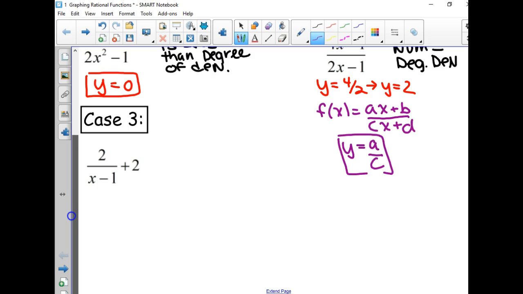The numerator is not a polynomial, okay? It's actually a constant, and that's okay. It's okay to have a constant in the numerator. That's a good observation. And I put that there for a reason, so you knew that was okay. And also, exactly what Gunnar said, there's that addition of 2 out here. So what do we do with this addition of 2? Anyone have any ideas?